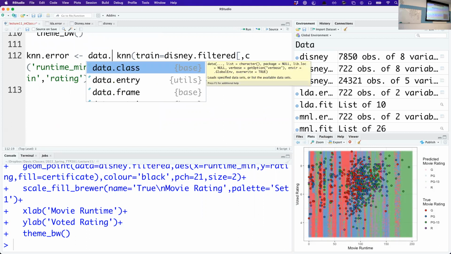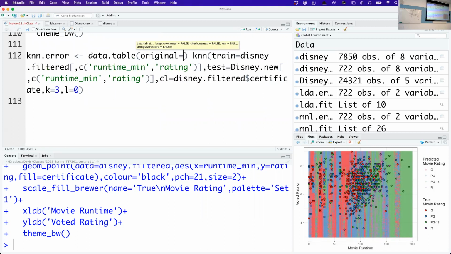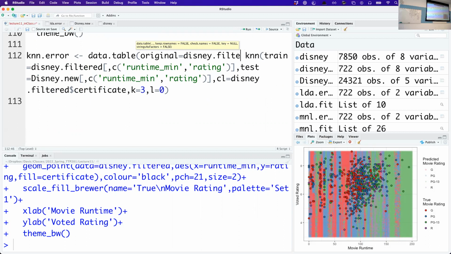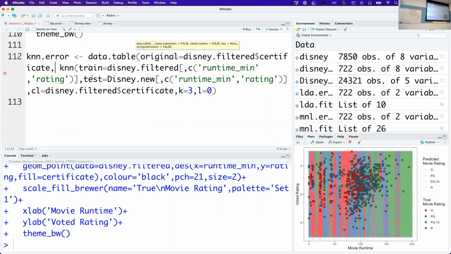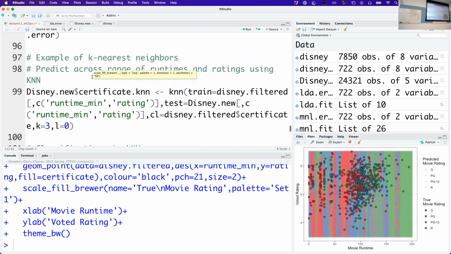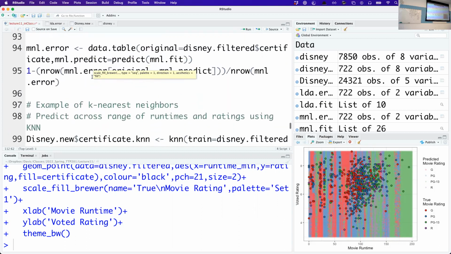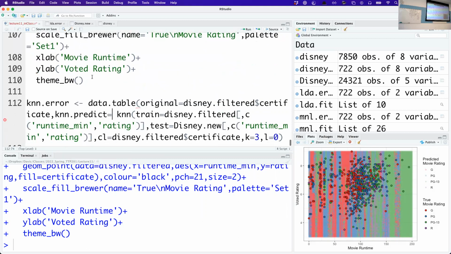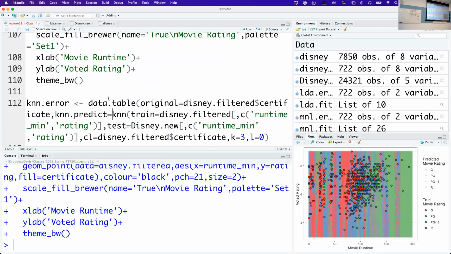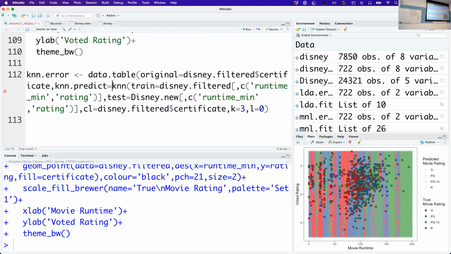So data.table original equals Disney.filter $certificate, and our, what did I call it, our KNN.predict is equal to this, and test will be the same thing.